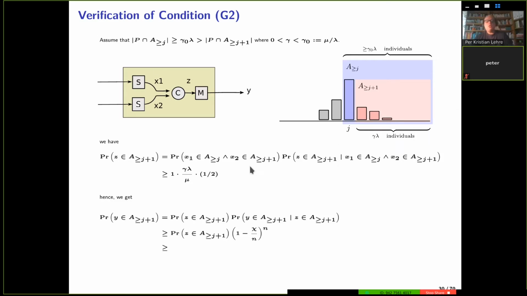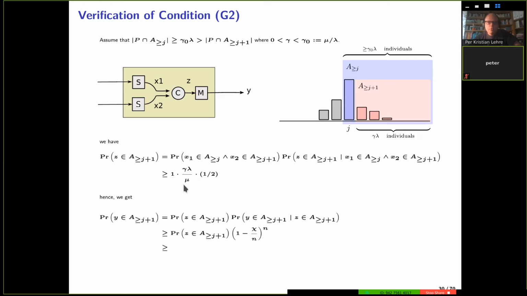The probability that the first individual selected belongs to level j is 1, as I've shown earlier, and the probability that the second individual belongs to j plus 1 or higher is going to be gamma lambda over mu.